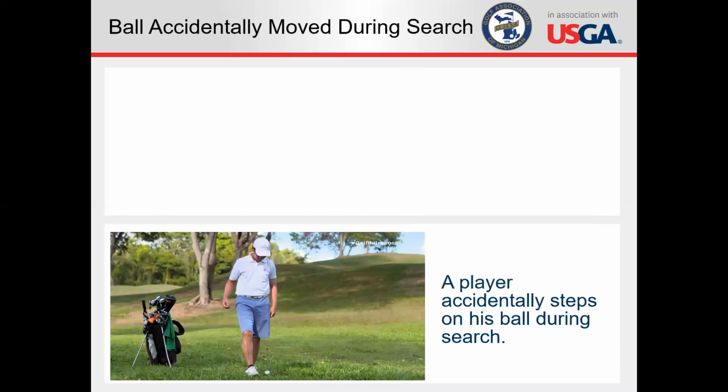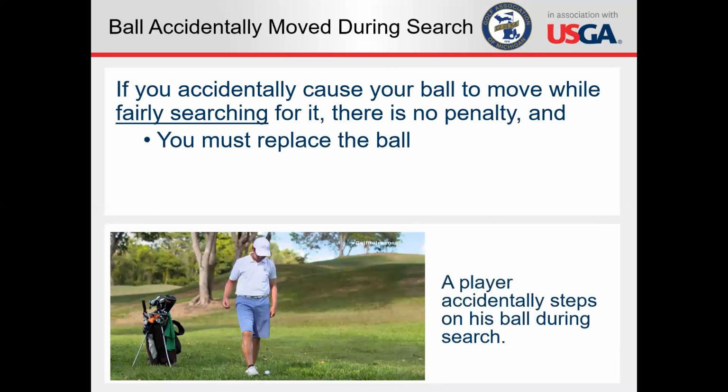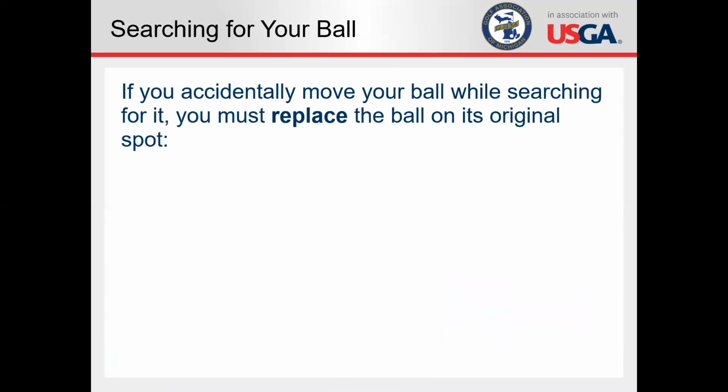Now the player has that same incentive to find the ball as they had in the past, and if they accidentally move it, they can just put it back. And the other thing is there is a caveat to this, that they're fairly searching for it. We'll get into what that means, but if you do cause it to move, you're going to replace it.